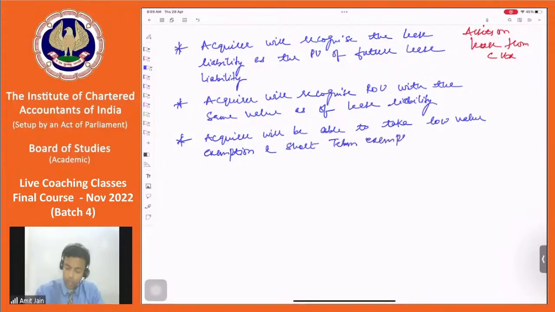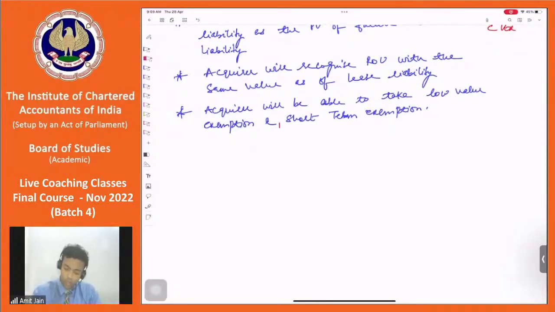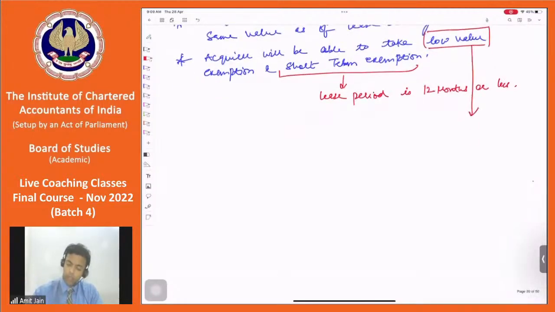Have you guys gone through Ind AS 116? Quickly guys, yes or no? Short term is a lease period of 12 months or less. What is low value?